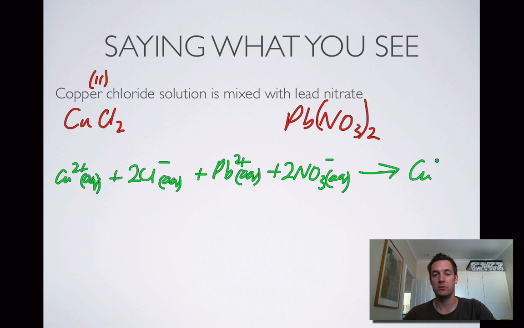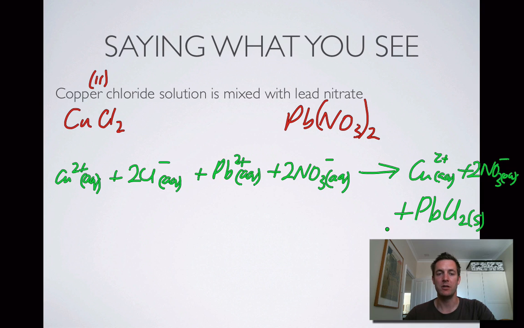So the copper 2+ ions and the nitrate ions are going to remain in solution. Okay, but lead chloride is not soluble. Okay, so it's going to form a precipitate, PbCl2 solid.